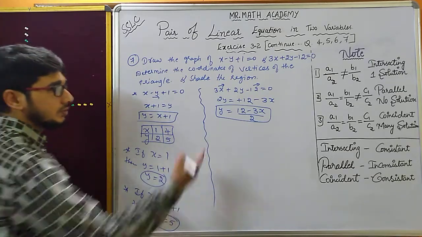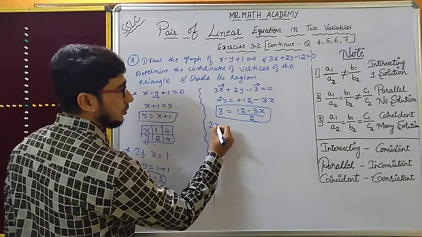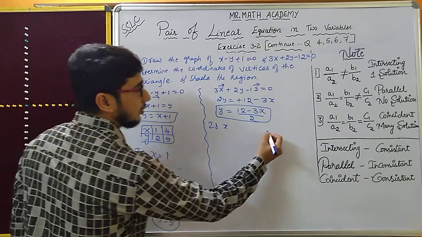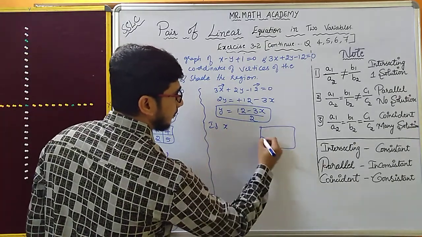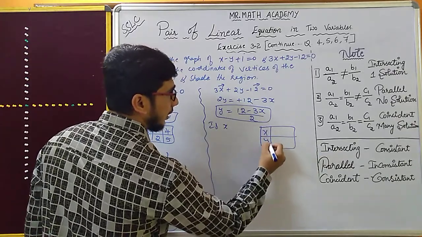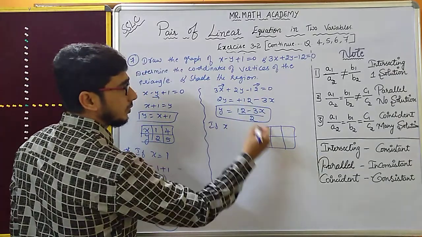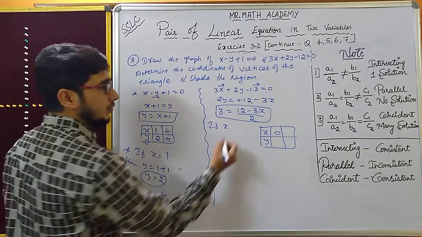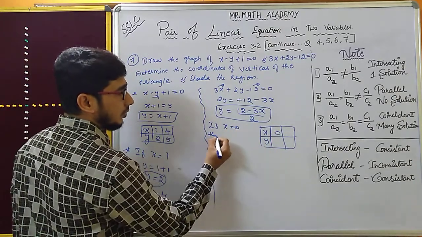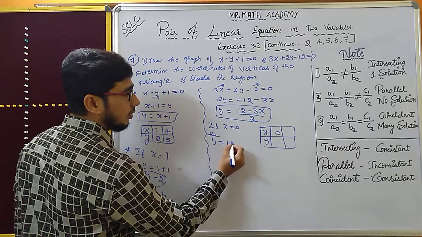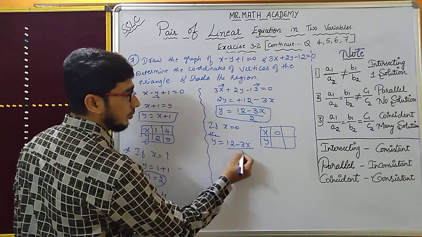Okay, let us go for this equation. I want to write the box here, x, y. This is a little bigger number, so I take 0. If x is equal to 0, then y will become 12 minus 3x by 2.